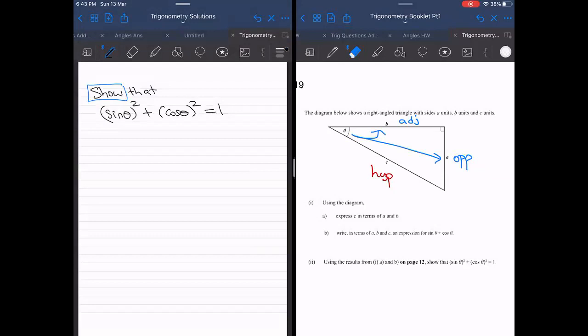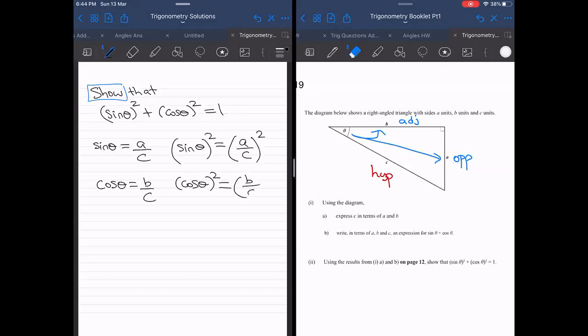Okay, so if sin theta, what do we find sin theta to be? Sin theta was A over C. So sin theta squared is A over C squared. Cos theta was B over C. So cos theta squared is B over C squared.